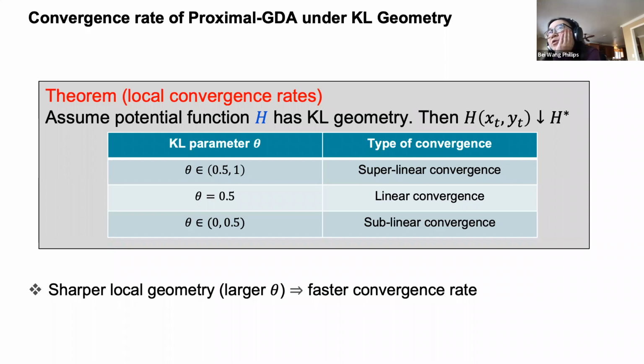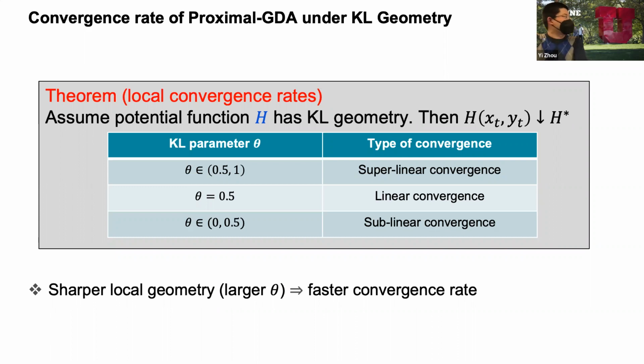But is there a way to quickly probe the landscape and estimate theta, or is there no way of doing that? There are many works on that, and it turns out that working out the specific value of theta for a particular function is in general highly non-trivial if we consider slightly complex problems.